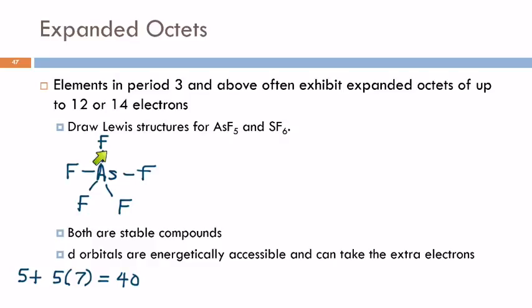So I've already got 2, 4, 6, 8, 10, 12, 14, 16, 18, 20, 22, 24, 26, 28, 30, 32, 34, 36, 38, 40. I counted wrong. 2, 4, 6, 8, 10, 12, 14, 16, 18, 20. Oh, see what I did there? I got a little carried away. There we go.